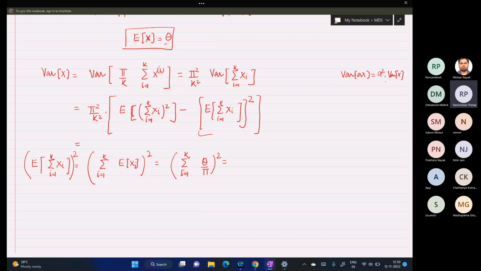This is the same thing added up k times, so it will be k theta upon pi, whole square. This is our second term. Is this clear?